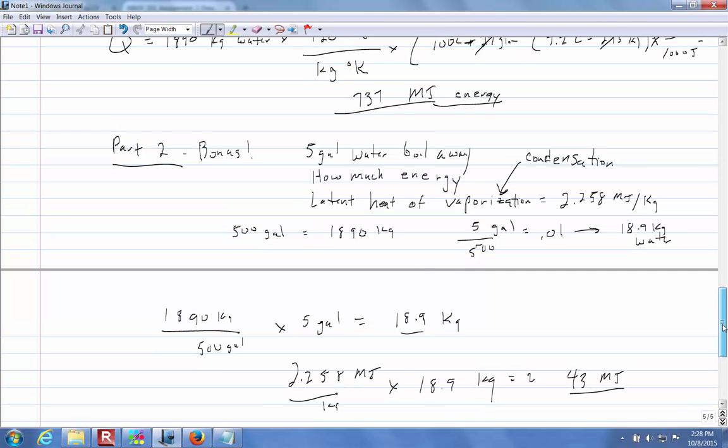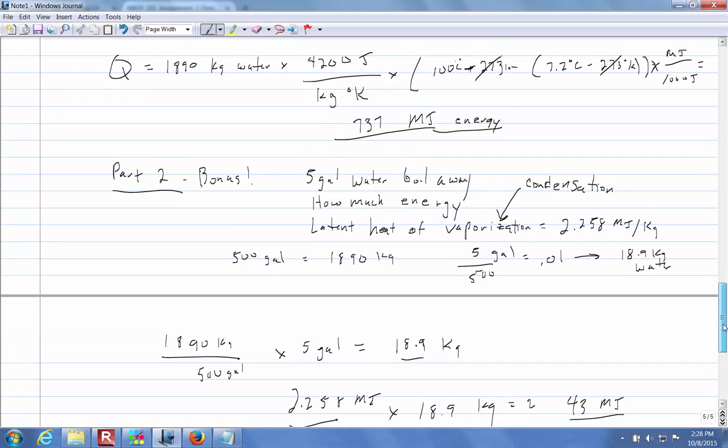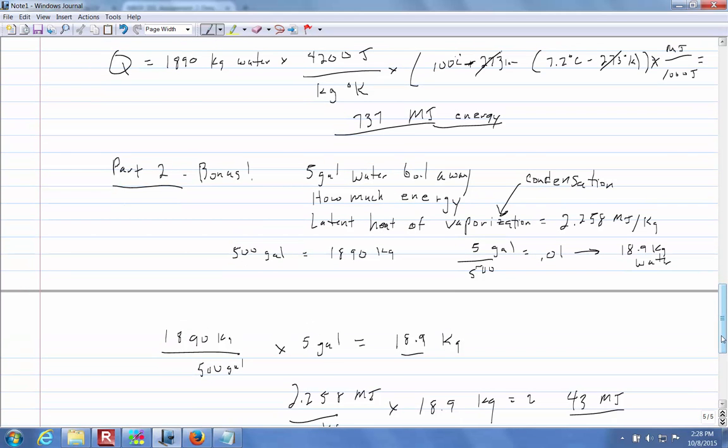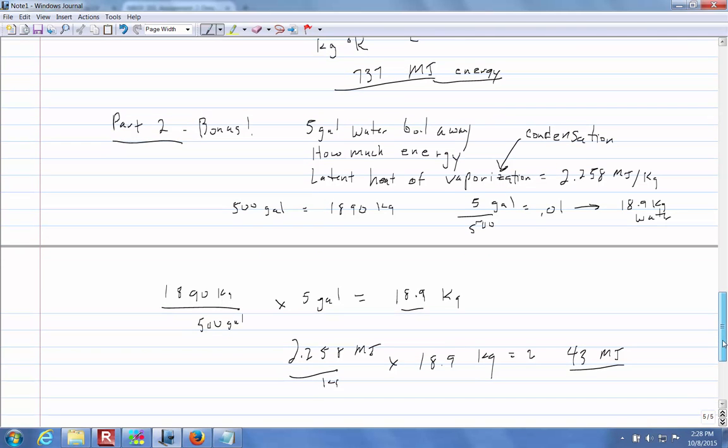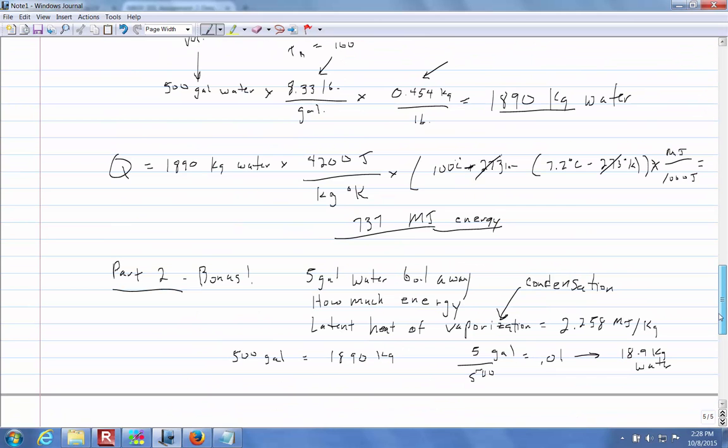So you can see the differences in energy required, and that's what this box is about. It takes more energy to boil the same volume away as it does to bring it from room conditions, or even sub-room conditions, 45 degrees Fahrenheit, up. 43 megajoules for 5 gallons. Let's take that for 500 gallons: 737 megajoules.